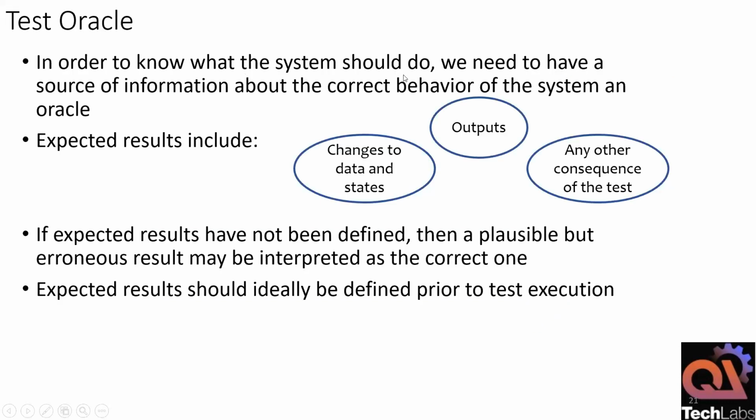Test oracle is nothing but test requirements. In order to know what the system should do, we need to have a source of information: requirement document, correct behavior. Changes to data and state, output, any other consequence. If expected results have not been defined, then a plausible but erroneous result may be interpreted as the correct one.